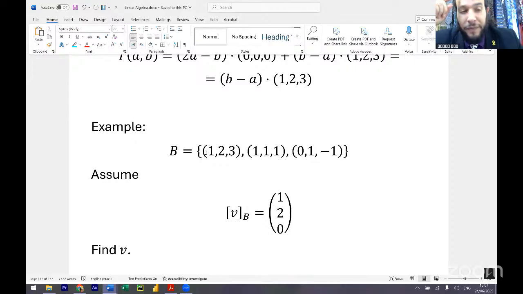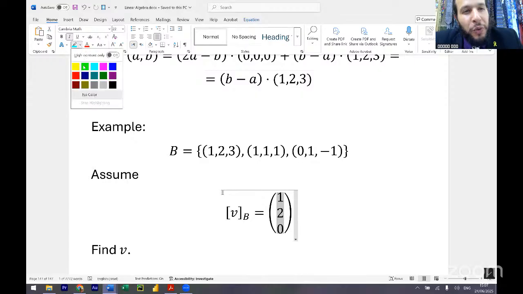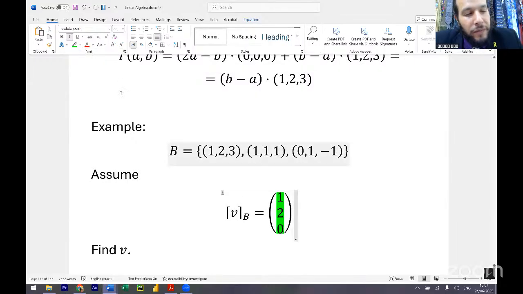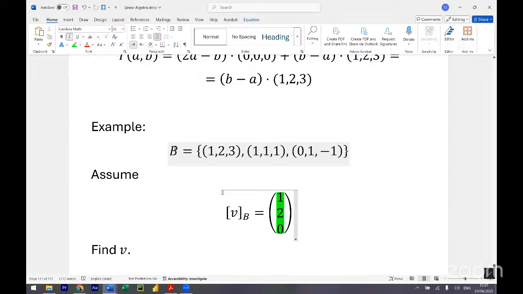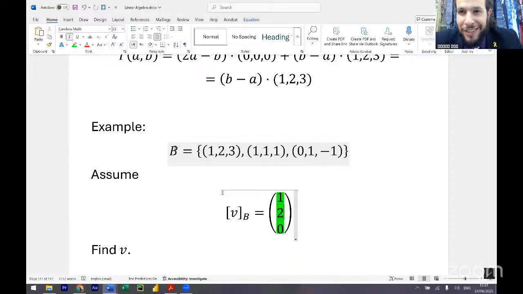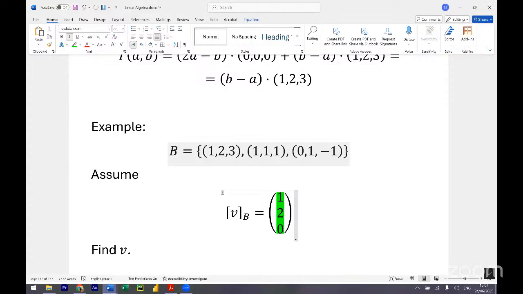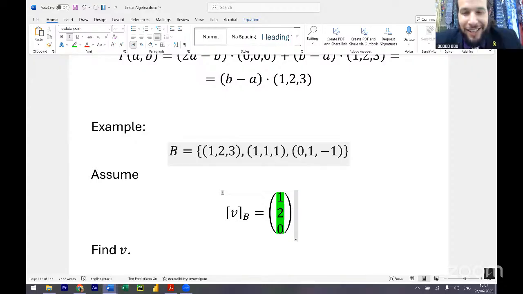This is the easy direction of the implication. And that's the main thing you need to remember. When given coordinates, what do you do with the coordinates? You multiply each one by its corresponding vector in the basis. So for short, we multiply by the basis.